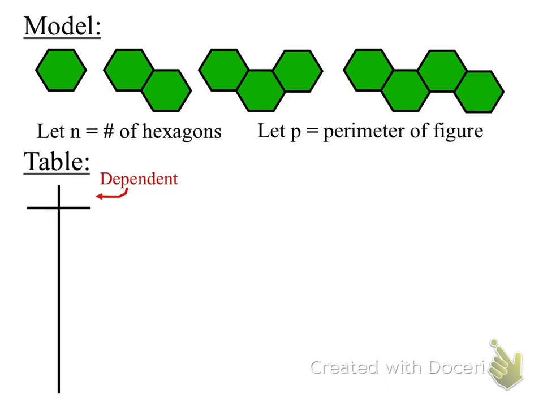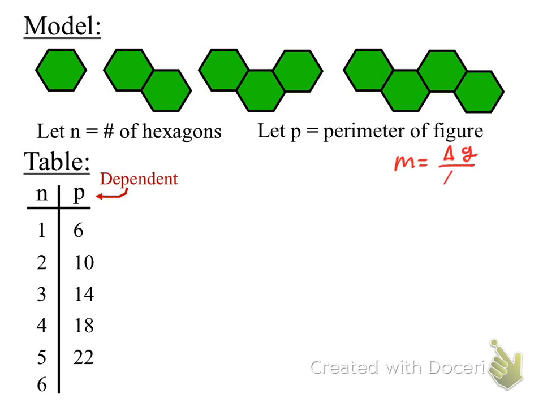Let's look at this one and let's try and just create the rule. We're not going to graph it. Okay, so what is my slope? M equals, what's the change in y over the change in x? What is it? 4 over 1. What is my B?